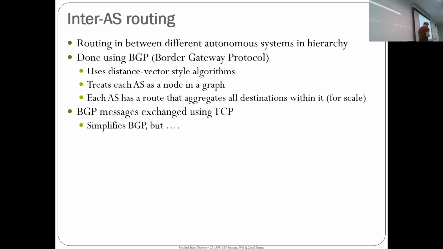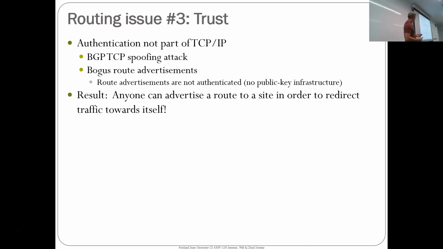One of the things that I should note is that all the BGP messages are exchanged using TCP, which is one of the transport layer protocols. This simplifies BGP, but TCP is kind of a house of cards. TCP and IP in particular have no support for authentication.